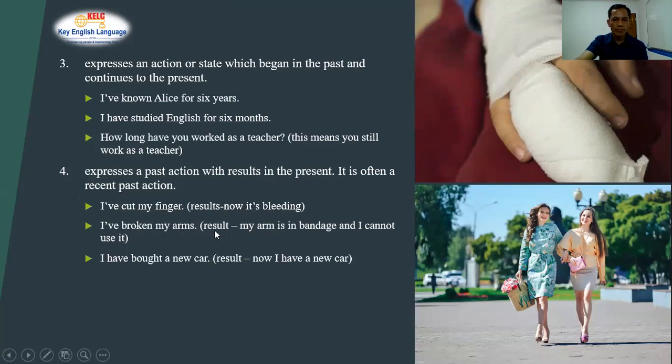I've broken my arm. My arm is bandaged, I cannot use it. So the effect is still here. Or I've bought a new car. Now I have a new car. We don't mention the exact time, but we just say something we did recently, not mentioning the time.